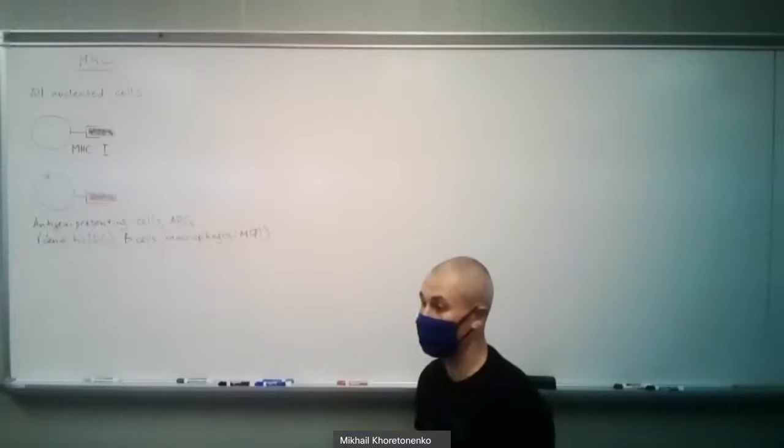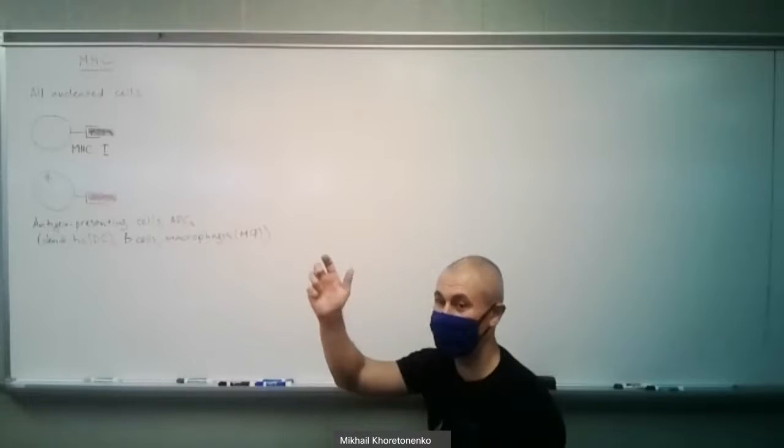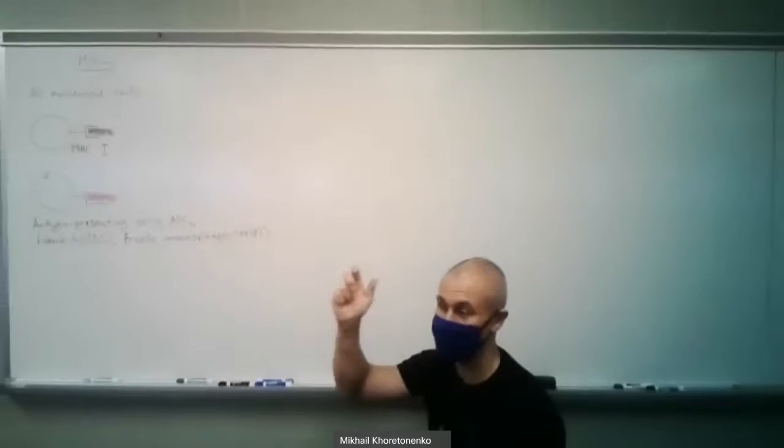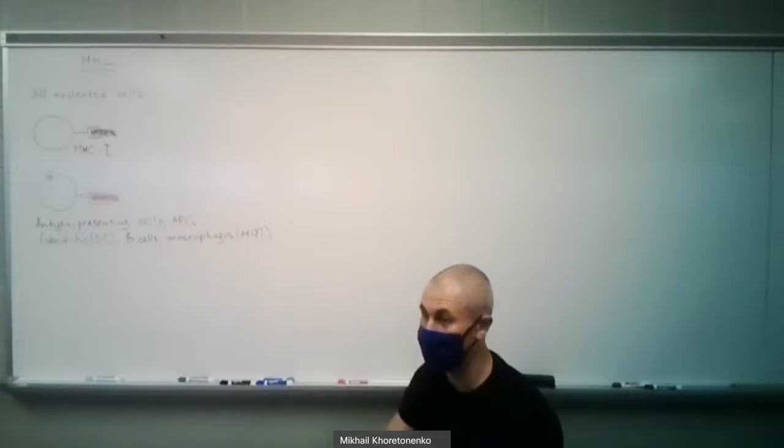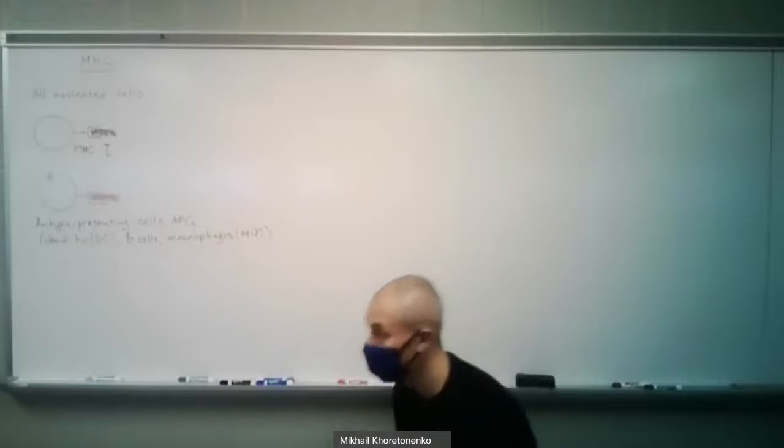So let me ask you this. Anyone remembers from AP2 the cell types that are not the... It's okay to say no. Red blood cells, platelets, sperm cells. Absolutely every other cell in the human body has a nucleus.